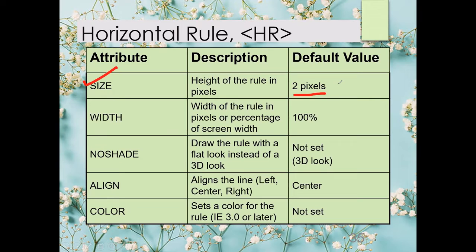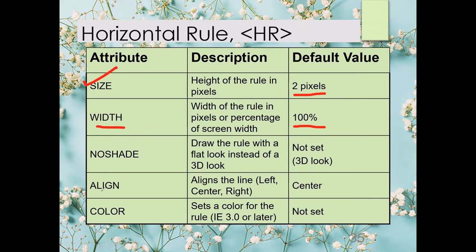We can use 1 pixel if we want a thinner one. Width will stretch up to the screen width, so by default it is 100%. If you want 50%, you can just manipulate this particular area. Noshade: generally it comes with a 3D look, but if you go for the noshade option, then it will give you a flat line look.